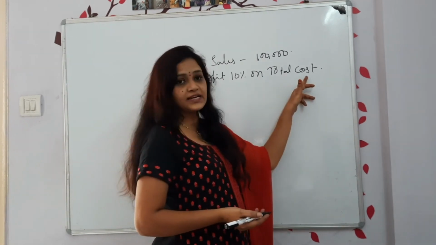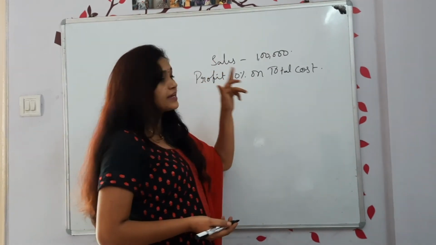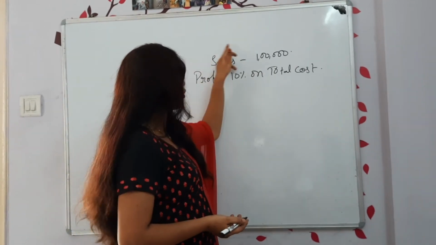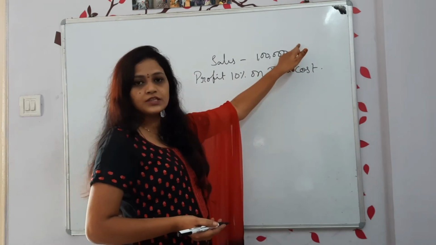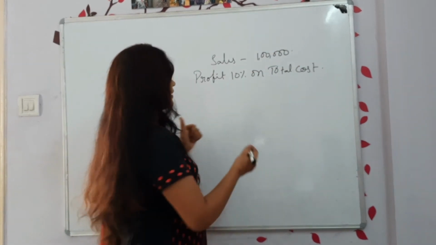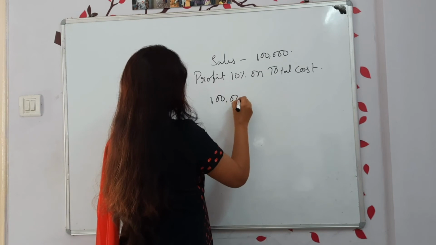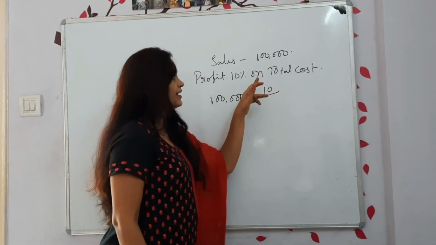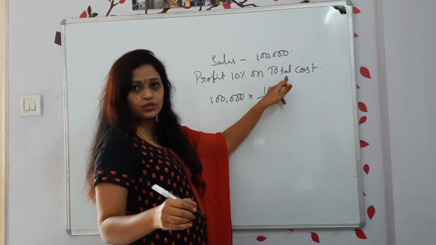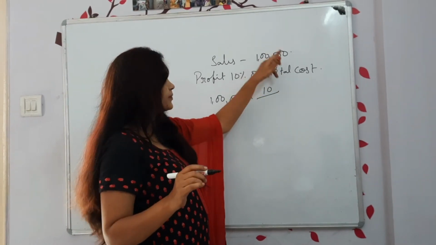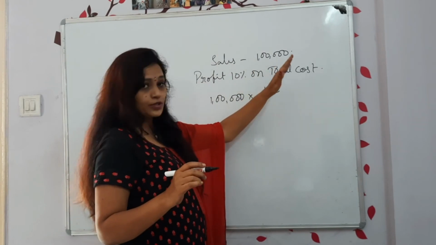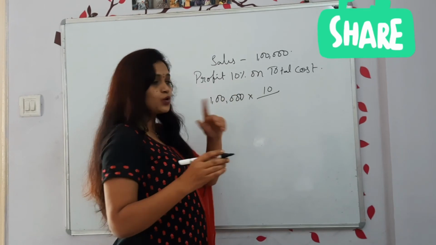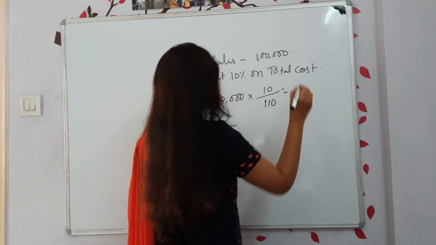So now total cost is 100%. Now what is sales? Sales means profit plus total cost, right? So in this, profit is also included. Now when you are calculating the amount, 1 lakh into 10 divided by, since this percentage is on total cost, not on sales, sales becomes 100 plus 10%, isn't it? So in total it is 110.